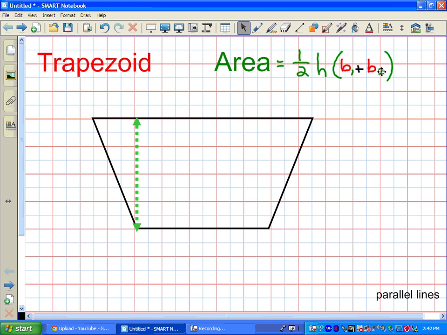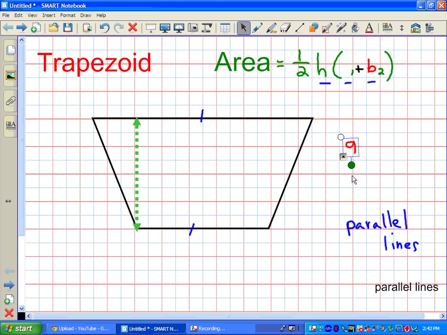So here's what we're going to need to do. We're going to have to replace the letters with some numbers. Okay. Well, the base 1 and base 2 is basically the parallel lines. And if you think about this, instead of B1, if I was teaching this years and years ago, which I did, parallel lines, here's my parallel lines, instead of B, you know what I would have probably changed it to?